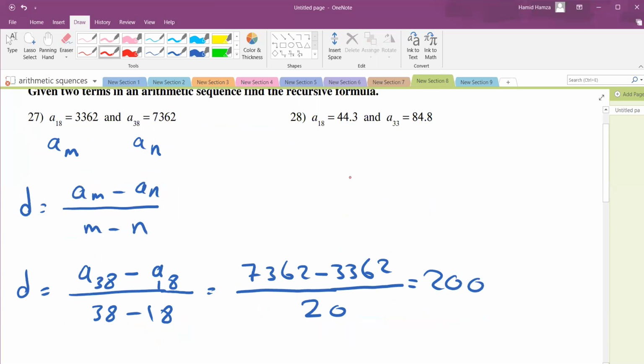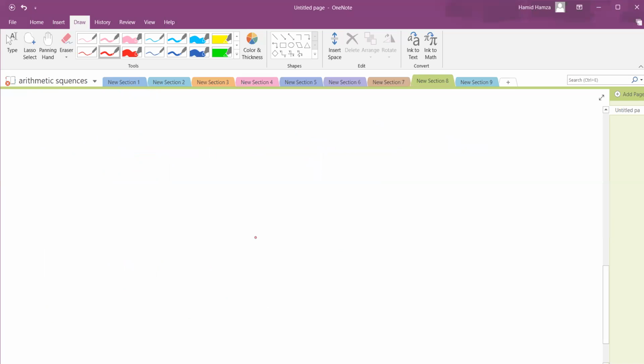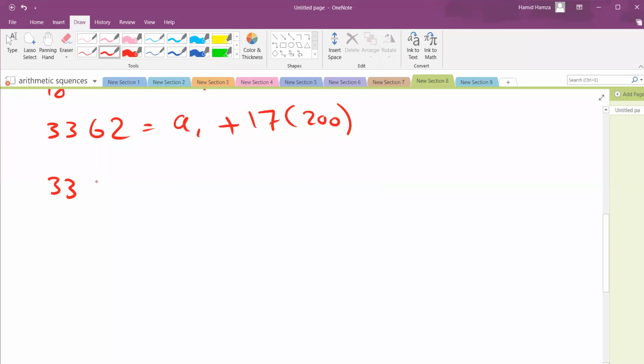A18, which is 3362, equals A1 plus 17 multiplied by D, which is 200. So it will be 3362 equals A1 plus 3400. So A1 will be equal to 3362 minus 3400.